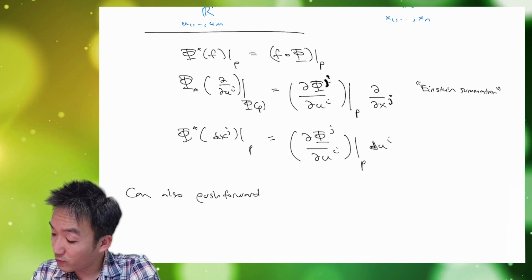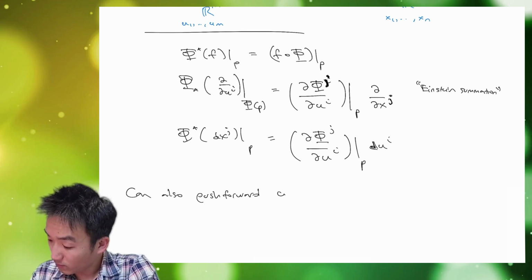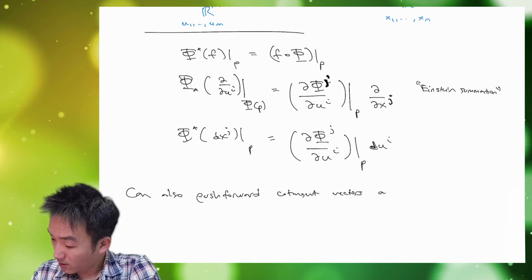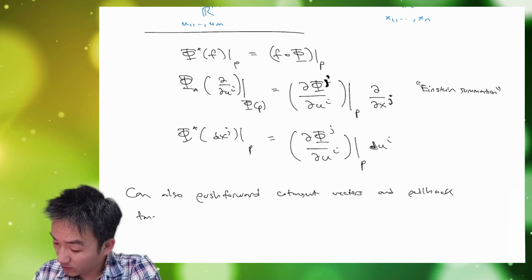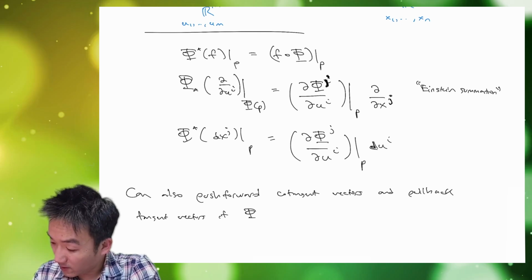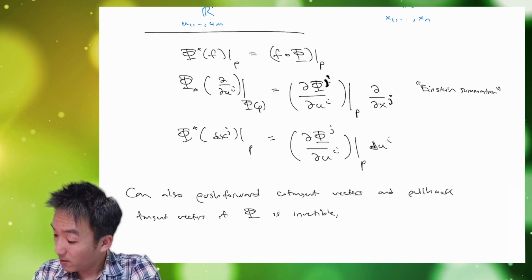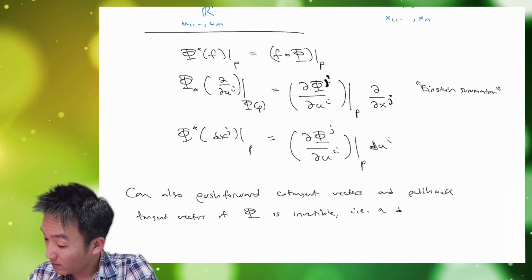You can also push forward cotangent vectors and pull back tangent vectors if phi is invertible, i.e. what's called a diffeomorphism.